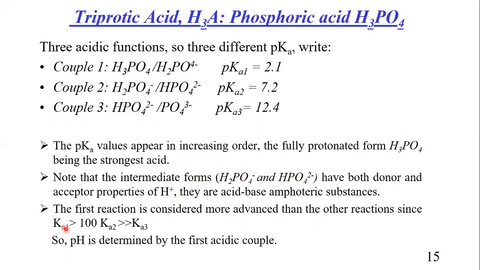If we look at the Ka1, Ka1 here would be 10 to the minus 2.1, right? Ka2 would be 10 to the minus 7.2.